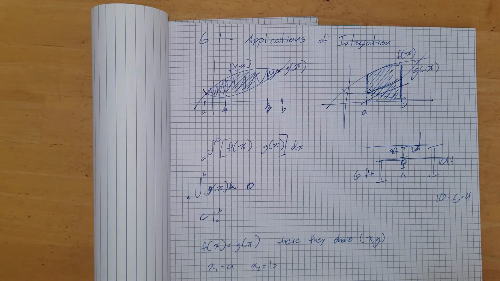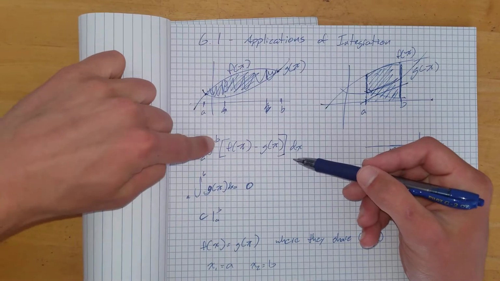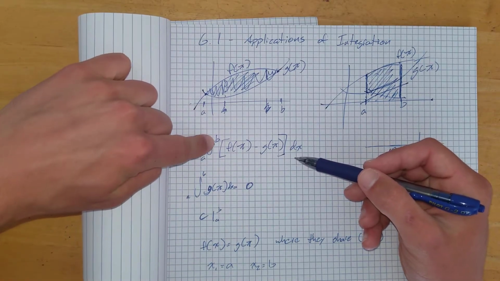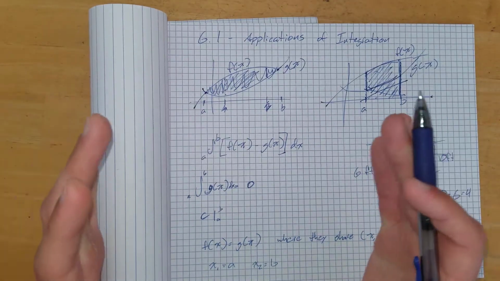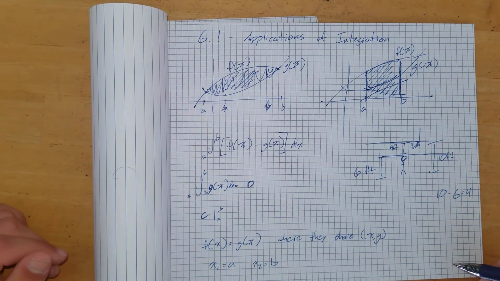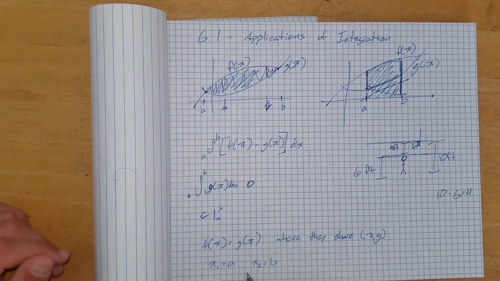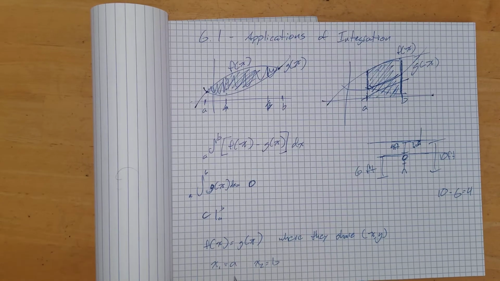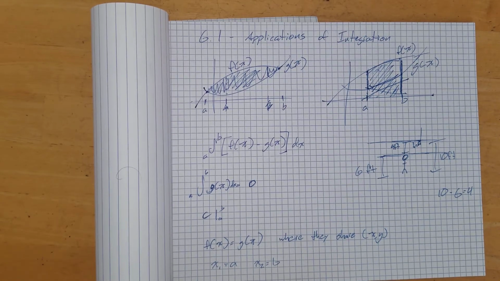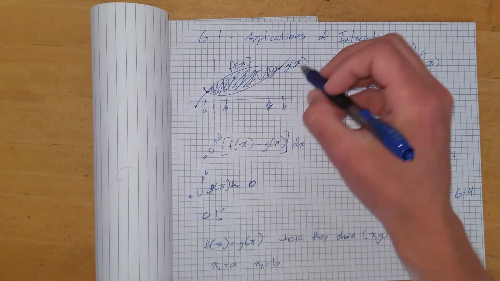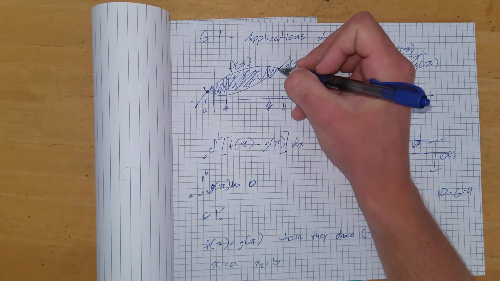And that's basically just going to be adding, so you're going to do this from A to B, and then from B to C, and then you're going to add those two together. But this is how you find your A and your B, or your interval, for curves that intersect at certain points.